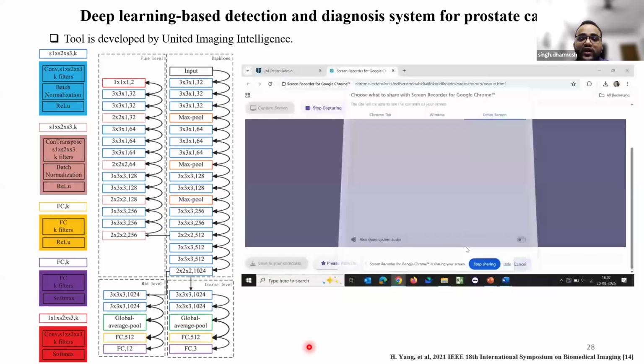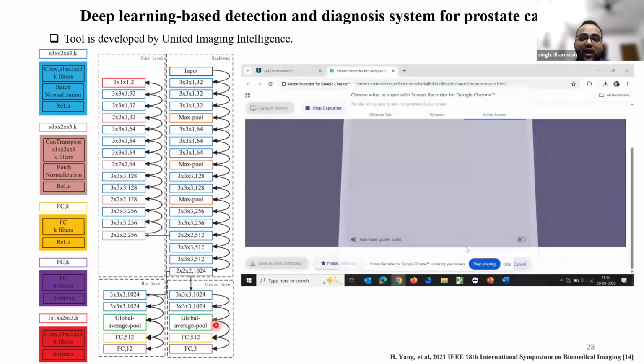This network is organized into four main parts: backbone, coarse level, mid level, fine level, and the losses at the end for training. The backbone network shares the features extracted from the multiparametric MRI.